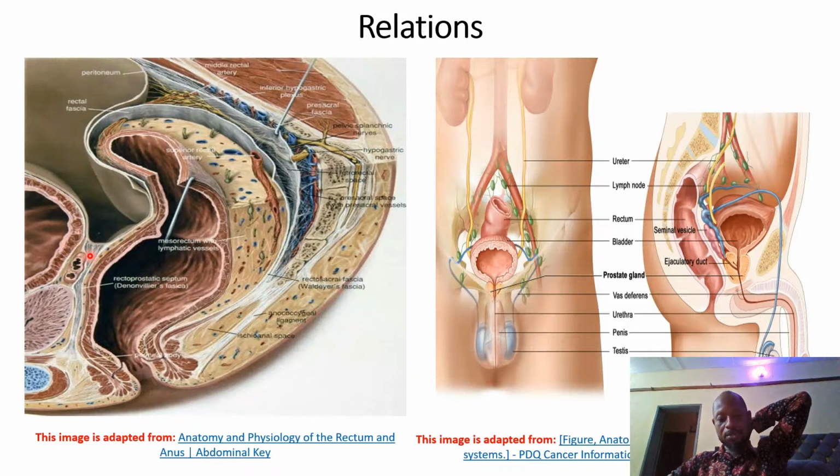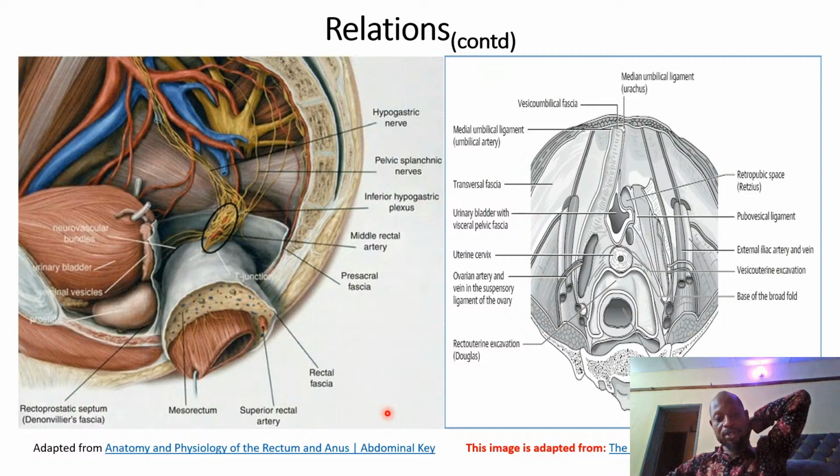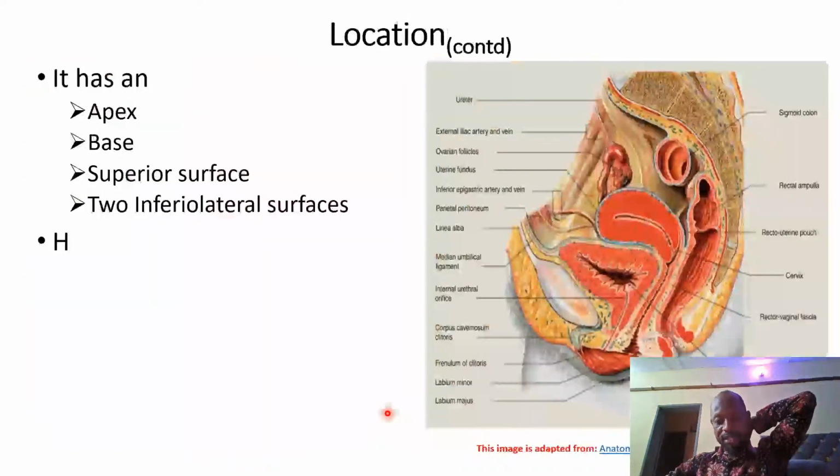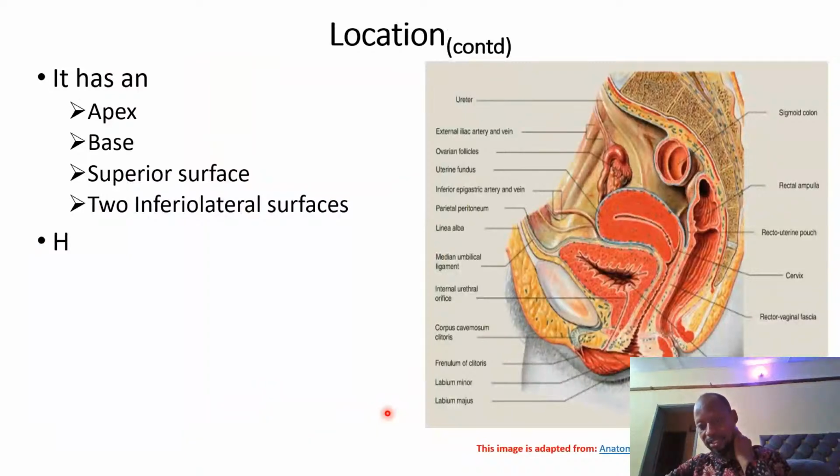For the female you'll be looking at the rectouterine pouch, the upper part of the vagina, and the fornix, the part where the cervix of the uterus projects onto the vaginal fornices. All this place is related to the posterior surface of the bladder, or the base of the bladder.